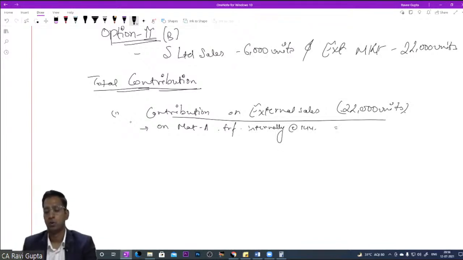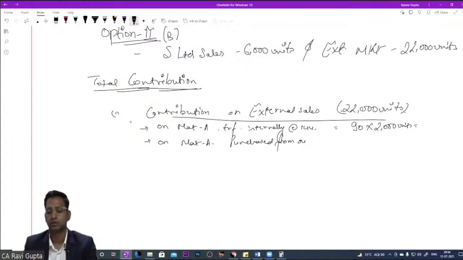So we have a contribution of 90 rupees into 2,000 units, and on material A purchased from outside, 74 into 20,000 units.